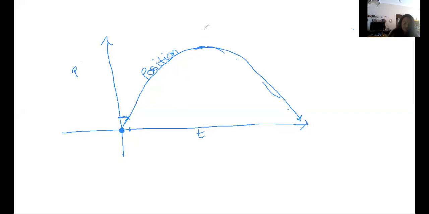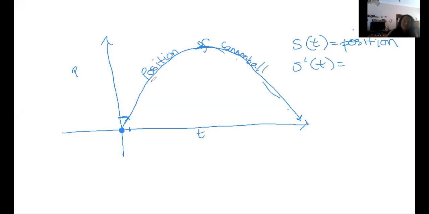So this is going to be the position of an object. Let's just say a cannonball. That's the position of the cannonball. We'll call this function S of t. That's the position at any time. Once I find the derivative of that, now I'm finding at this time what the velocity is.